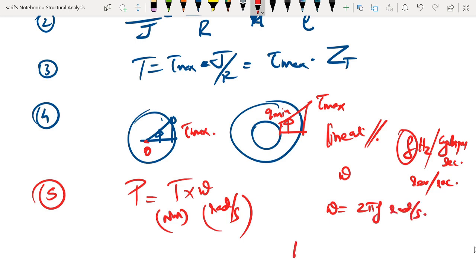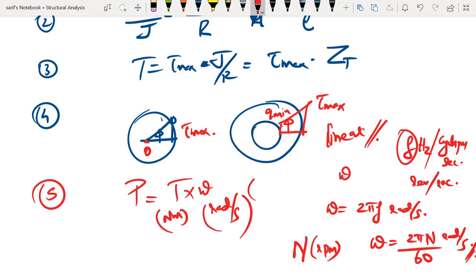If the speed is given in rotations per minute, you again have to convert: omega is equal to 2 pi N divided by 60, to get radian per second. This is how you calculate the power in watts, and if you divide this by 1000 you get the power in kilowatts.